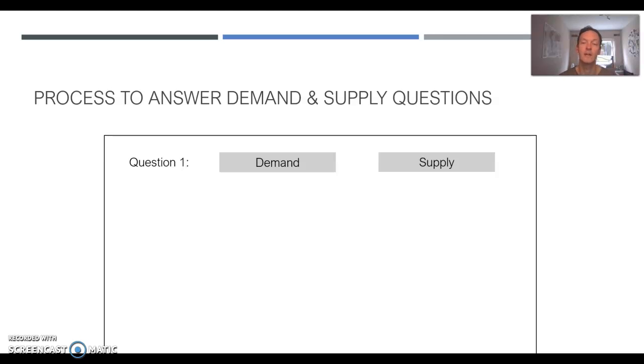Okay, so the first question whenever you're given a problem is you've got to ask yourself, does this change relate to demand or supply? Remember, I've told you guys before that whenever we're doing demand and supply questions, we only do demand or only do supply. We're never going to ask you a question that asks you to show the effect on both demand and supply.